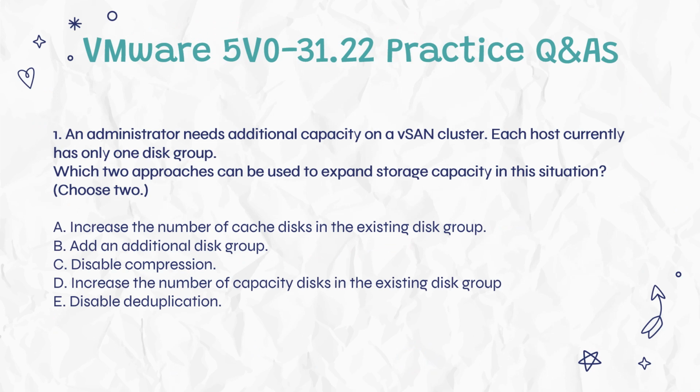1. An administrator needs additional capacity on a vSAN cluster. Each host currently has only one disk group. Which two approaches can be used to expand storage capacity in this situation? Choose 2. A. Increase the number of cache disks in the existing disk group.